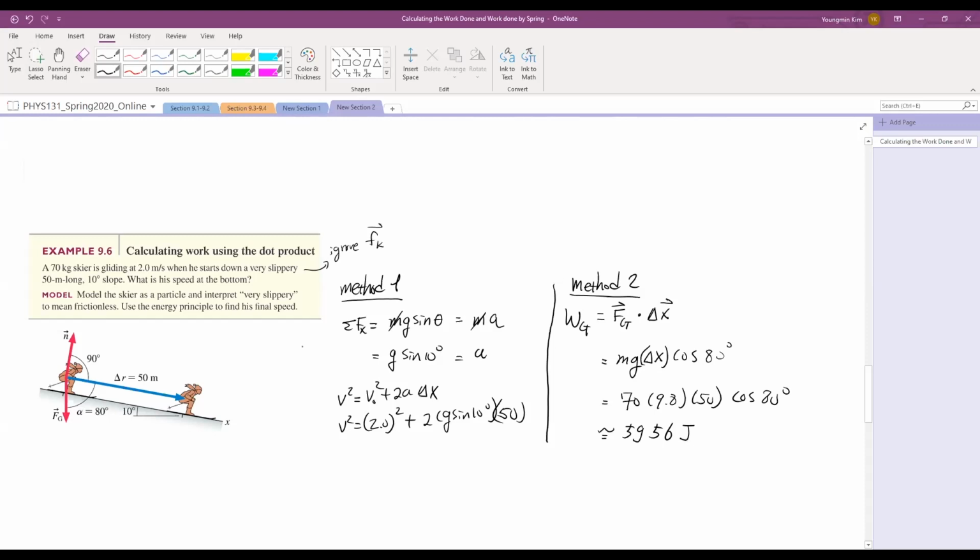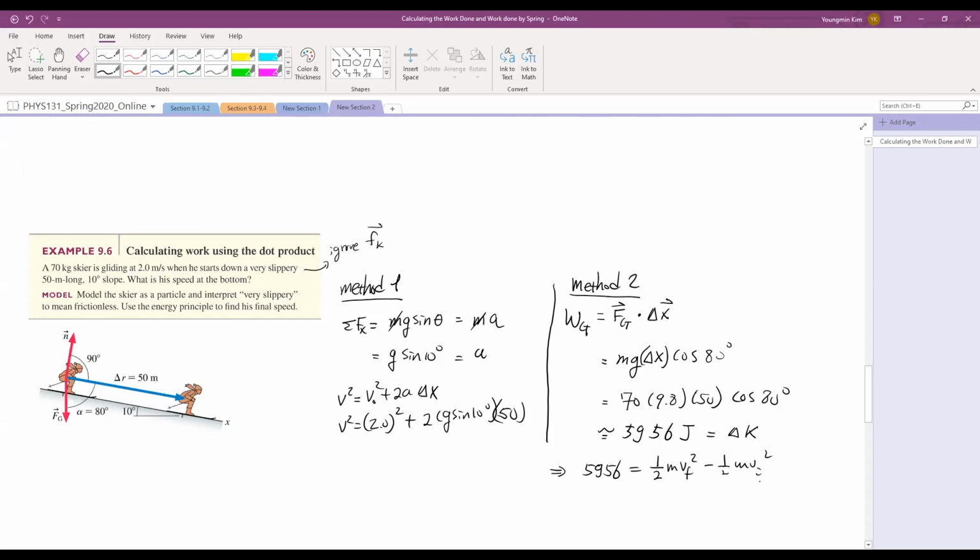Since that's the only force involved, this is automatically the total work. So we can set that equal to the change in kinetic energy. In this case we have 5,090.56 equal to 1/2 m v final squared minus 1/2 m v initial squared.